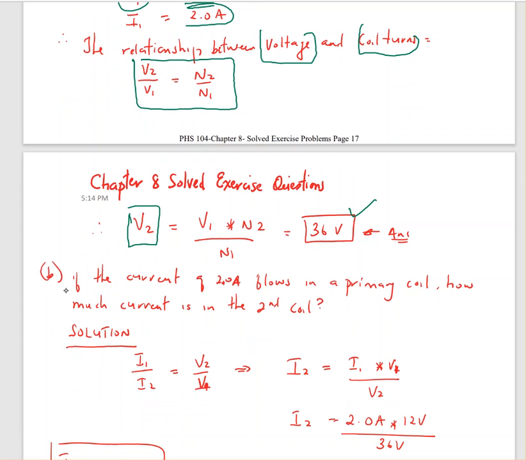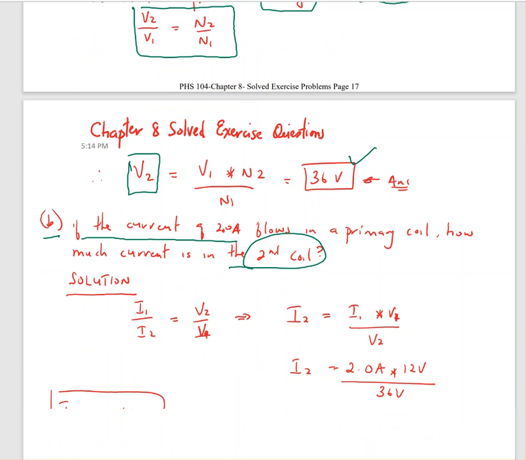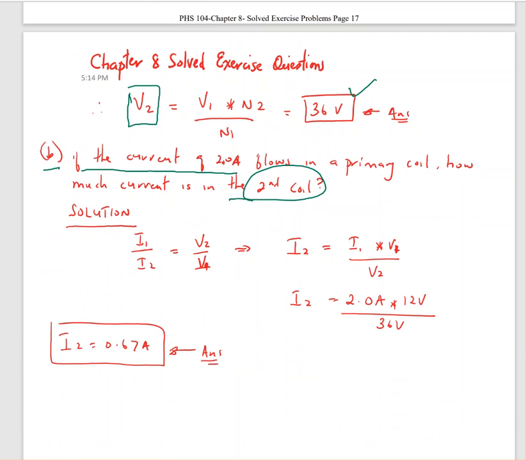Now B, if a current of 2.0 amps flows in the primary coil, how much current is in the secondary coil? Well, since there's a relationship between the voltage and the number of coils, there's also a relationship between current and voltage.